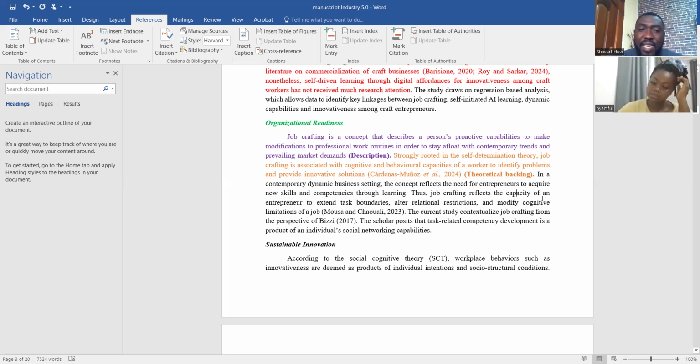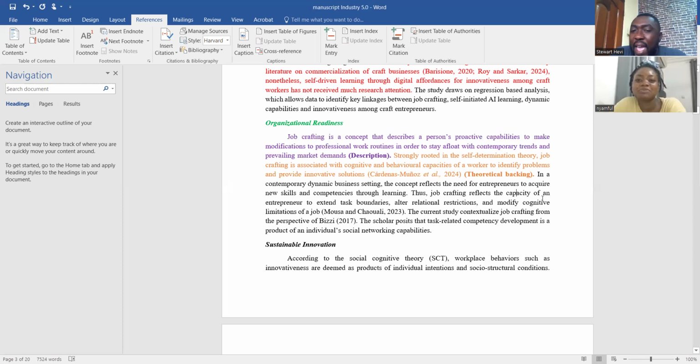So look at the statement. In a contemporary dynamic business setting, the concept, which is the job crafting concept, reflects the need for entrepreneurs, so you see, we are bringing context in now, to acquire new skills and competencies through learning. Are you getting it?